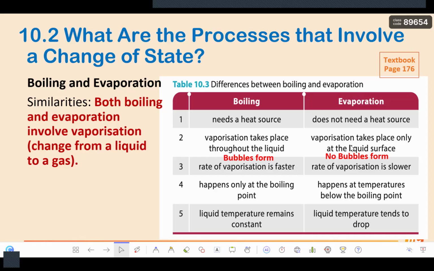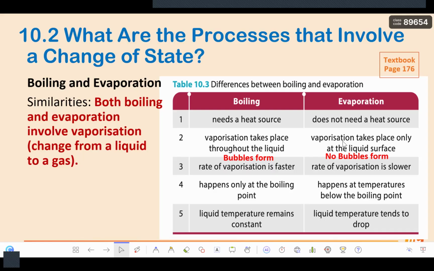But evaporation doesn't happen to all the liquid molecules inside. It only happens at the liquid surface, the top surface that is exposed to the environment, because only at the top surface is it able to take in enough heat from the surroundings to break free, to overcome the forces of attraction holding them as liquid particles and change into gaseous state.